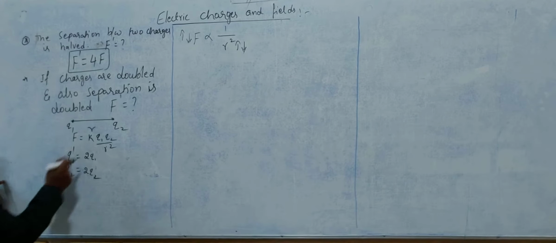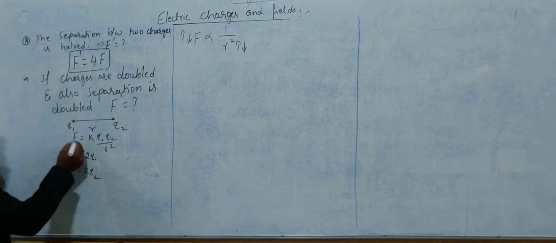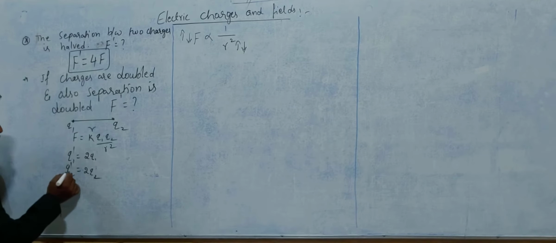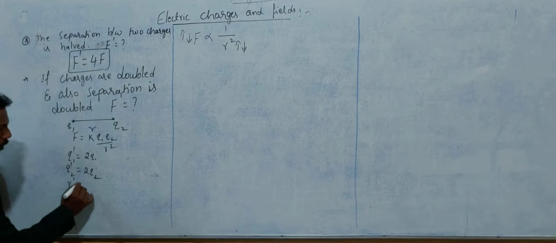Clear? q1 is also doubled, q2 is also doubled. Therefore, q1 dash is equal to 2q1, q2 dash is equal to 2q2, and r dash is equal to 2r, since r is also doubled.